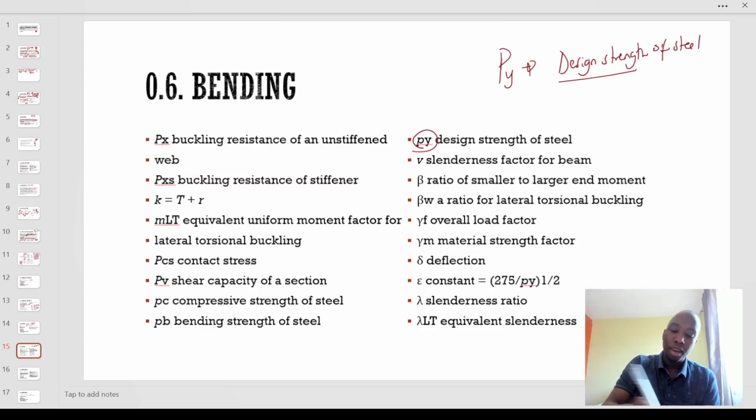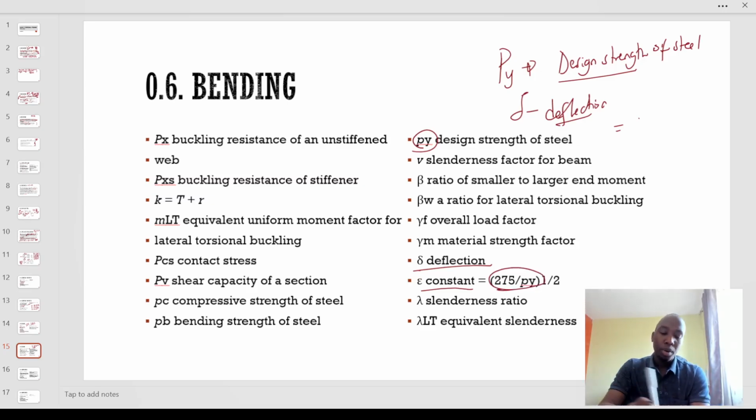Then we have something else that's very important, is deflection. This is deflection. We'll see that when we are designing against deflection. We have this constant, elastic constant, which will be the root of 275 over PY. You will see how this one is applied.